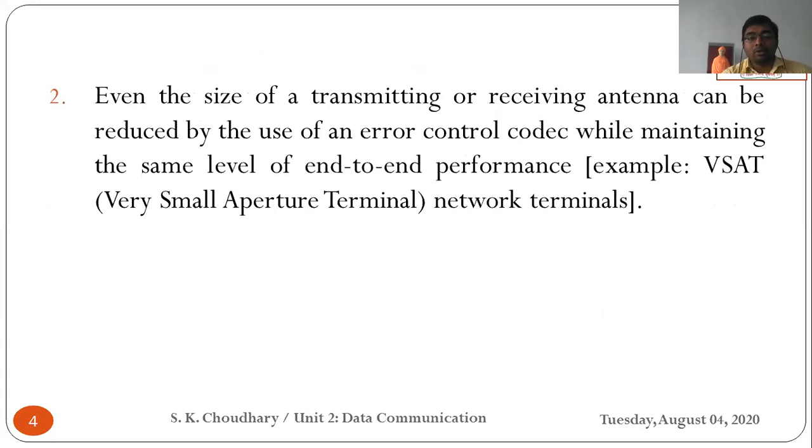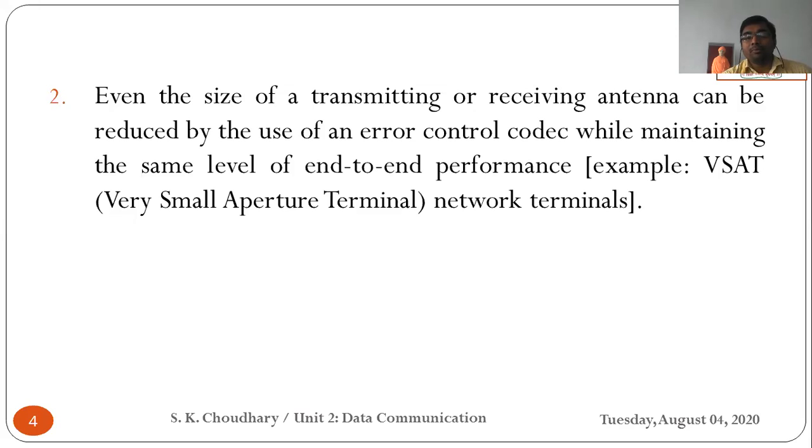Quality of the signal is not hampered, and you are even able to reduce the size of the antenna. The size of the antenna is also a very big concern in commercial communication systems. There is actually a separate subject in electronics and communication for antennas, where you learn all types of antenna, how their size changes, and what factors it depends on. But here we just take the introductory part.